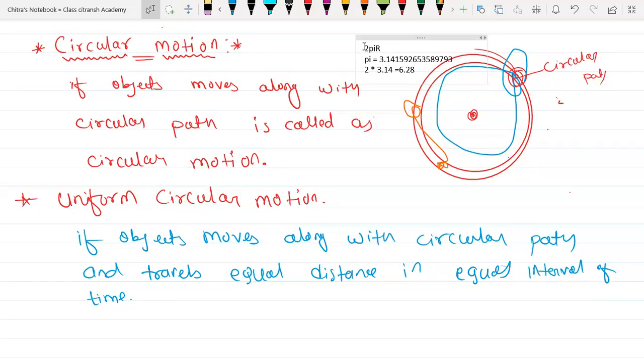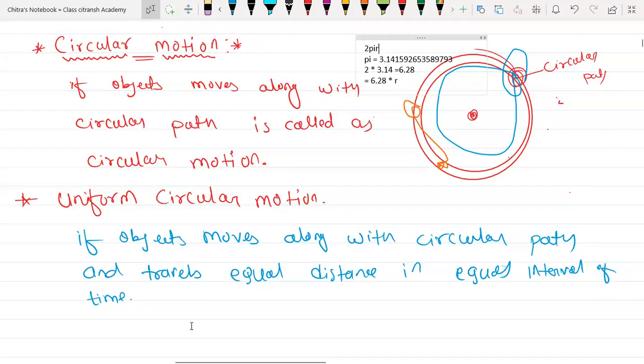Finally, the distance traveled by the object along the circular path is equal to the circumference, which equals 6.28 into the radius. Generally the radius is represented by a small r. I wrote a capital R, but generally it is a small r. So 2 pi r. Easy.